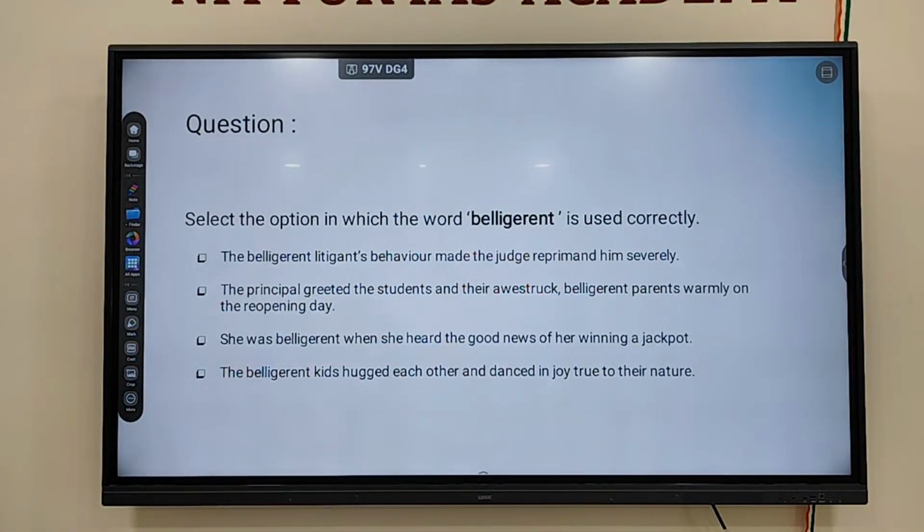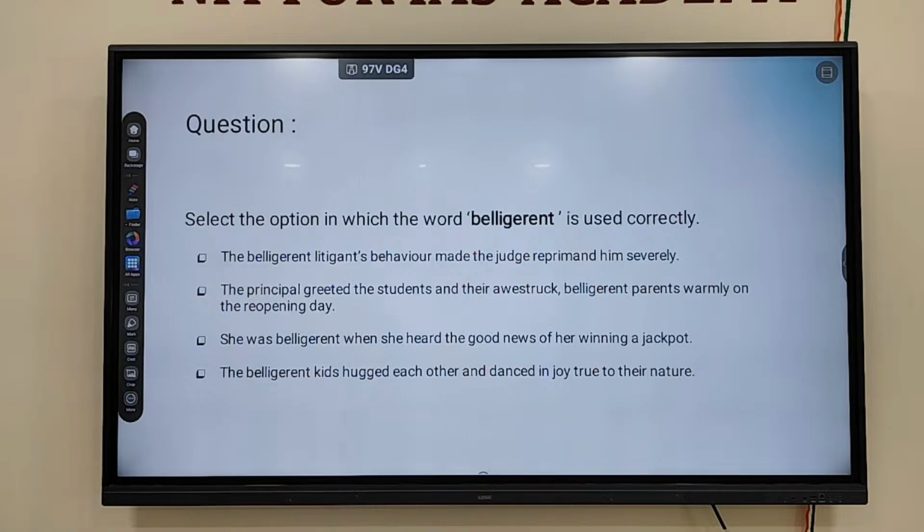Should we move on to the next category, or do we need to solve some more examples? Aggressive. Okay. Put it in a sentence and tell me. See, if we need to solve some examples, I still have 3-4 examples.